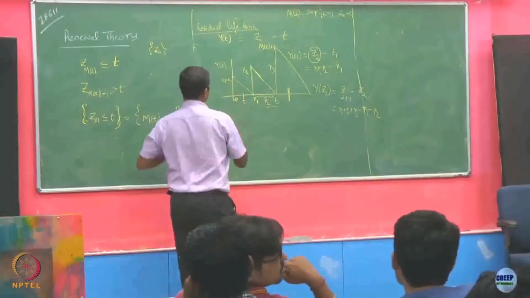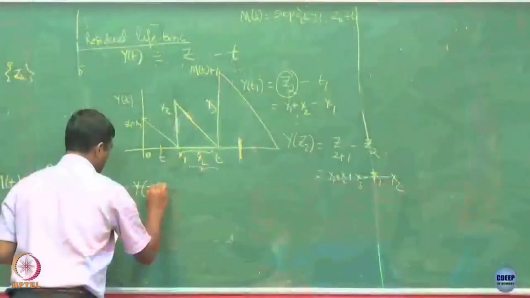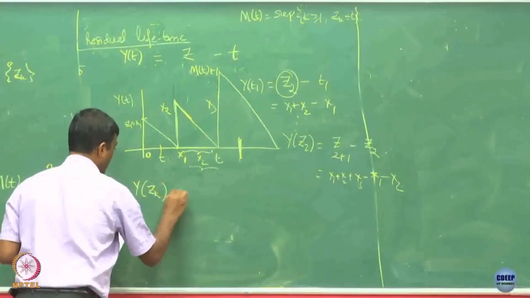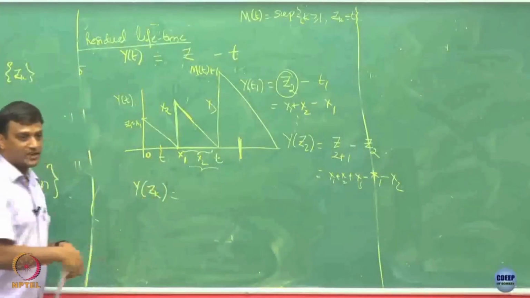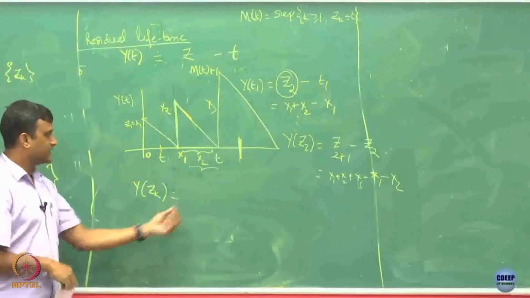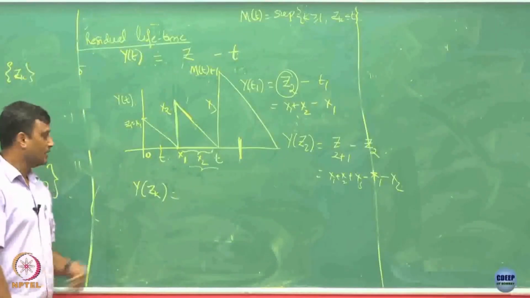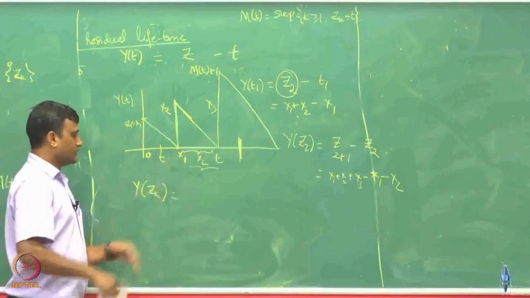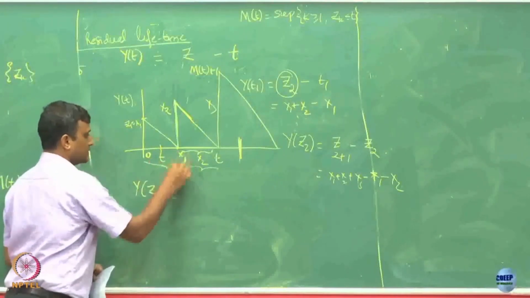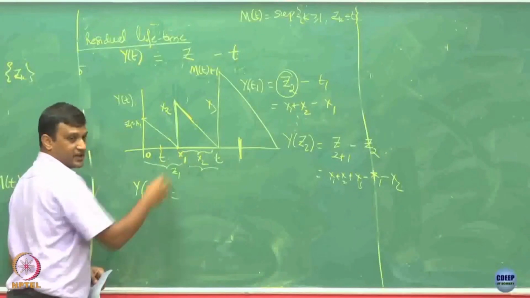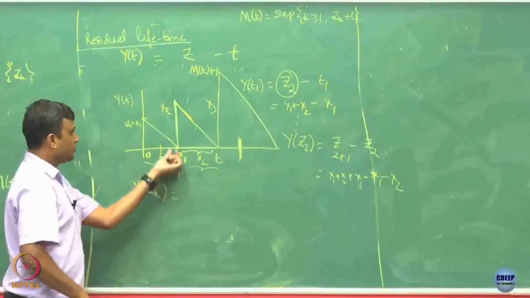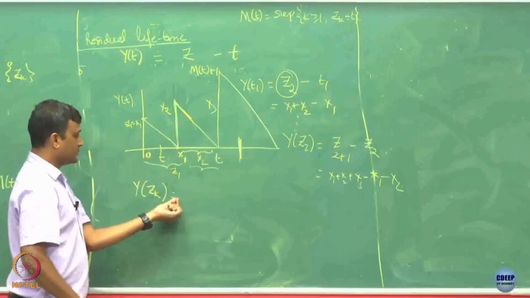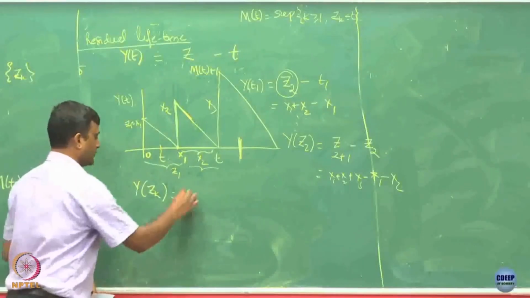So if I am going to take y to be zk here, at time t I am going to substitute zk. What do you expect this value to be? This duration is basically z1, right? Z1 and x1 are the same. At this point this value happened to be x2.